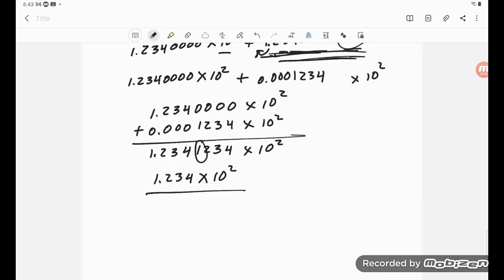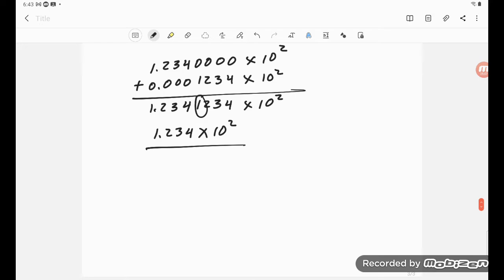And similarly, when you subtract two numbers that are very close in size, you can have some things like that happen.